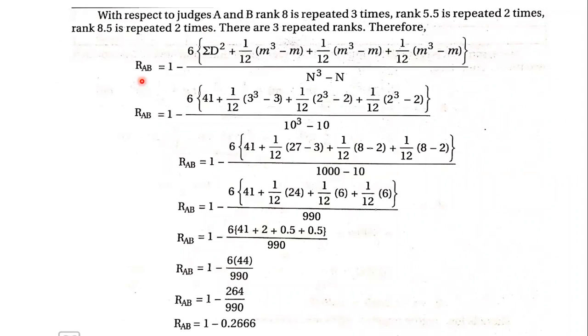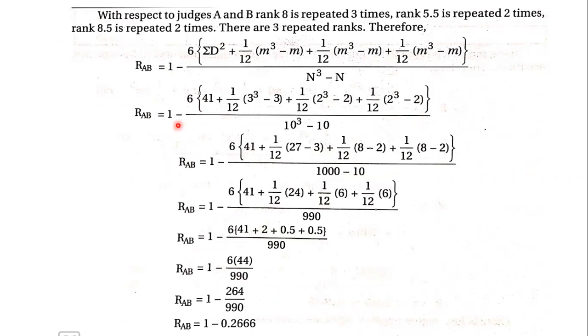So firstly, rank for judge A and B, rank correlation. So RAB is equal to 1 minus 6 sigma d square plus 1 by 12 m cube minus m, again plus 1 by 12 n cube minus n plus 1 by 12 n cube minus n. Why have we written it 3 times? Because we have 3 repeated ranks. Okay, now apply the values.